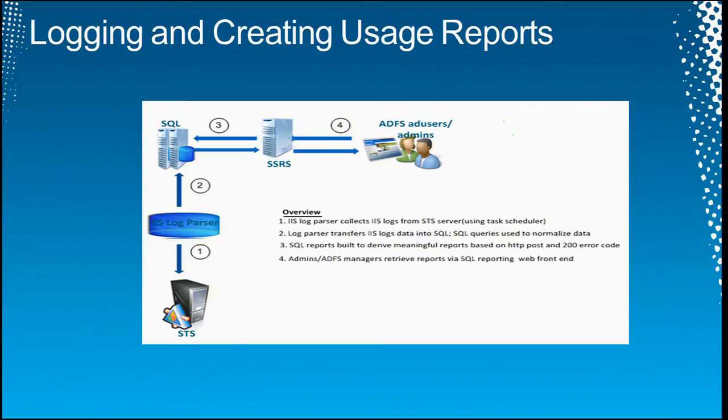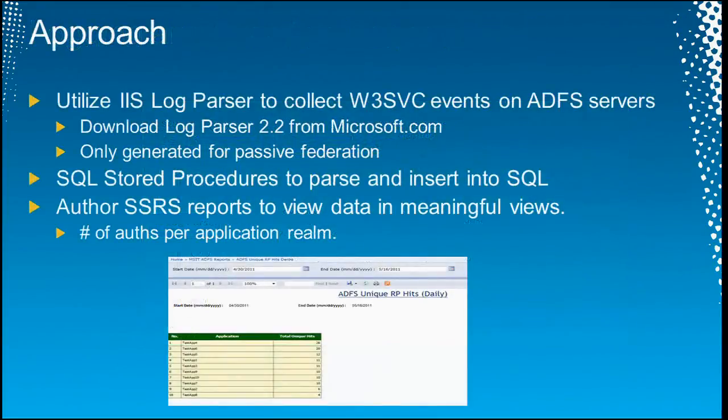How many RPs do I have? How many RPs do I have that have had an authentication hit in the last 6 months? How many times did Redmond Whack Bill G authenticate to something in the last 6 months? And this is how we do that.